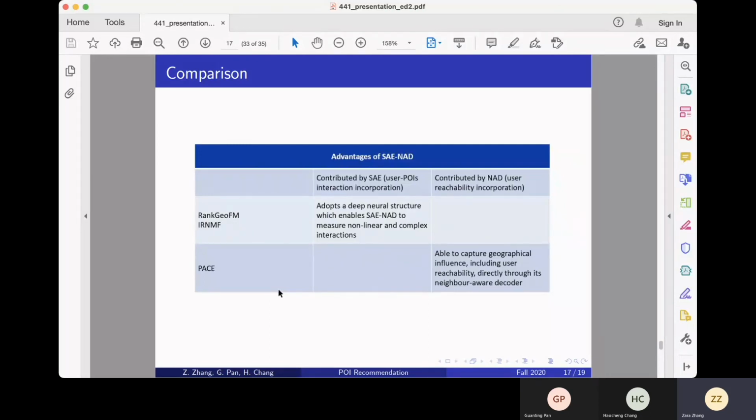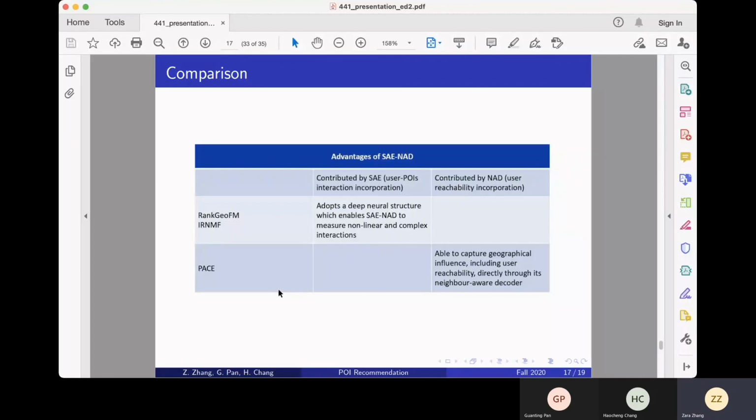However, they are not capable of capturing nonlinear interactions between users and POIs. In contrast, the proposed model, which also incorporates geographical influence, adopted a deep neural structure which enables it to measure nonlinear and complex interactions. As a result, it outperforms the two methods in the comparison group.